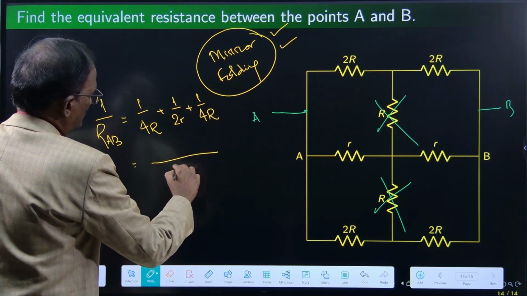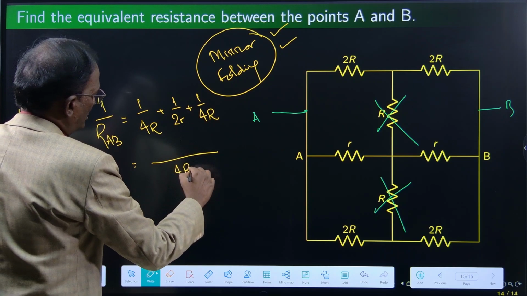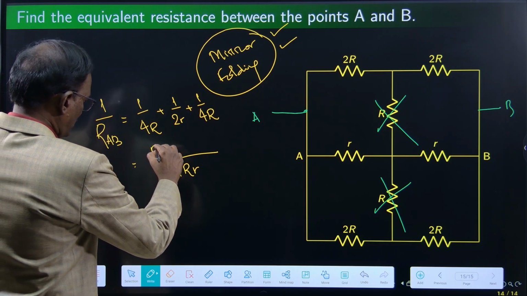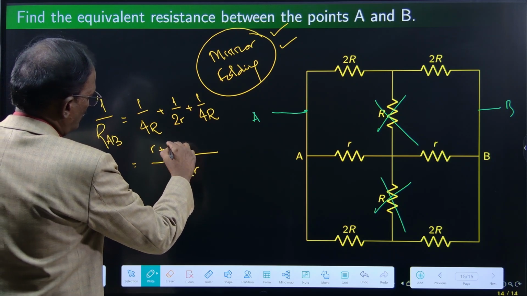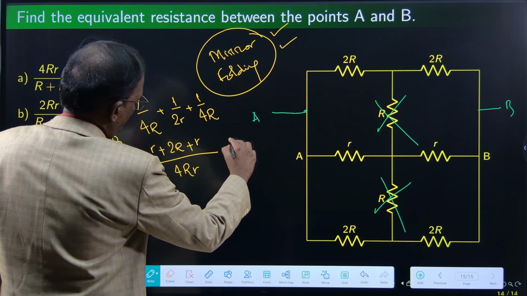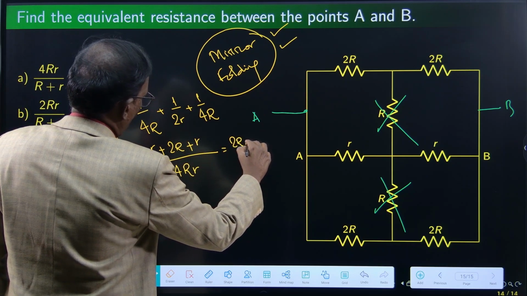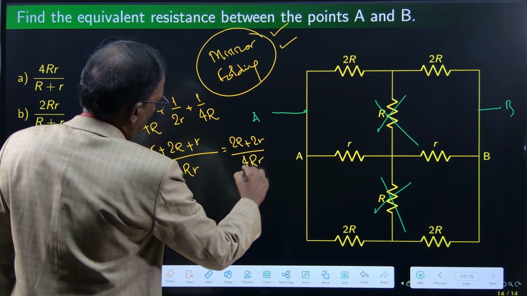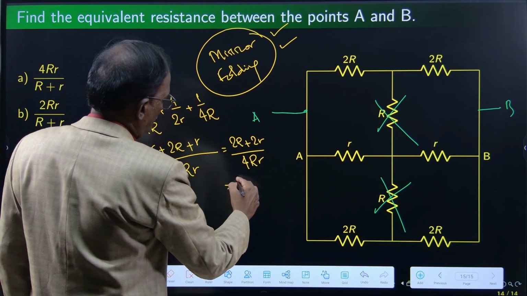LCM is 4R, the small r. So this is R plus 2R plus R. So this will be 2R plus 2r divided by 4Rr. 1, 2 I can remove.